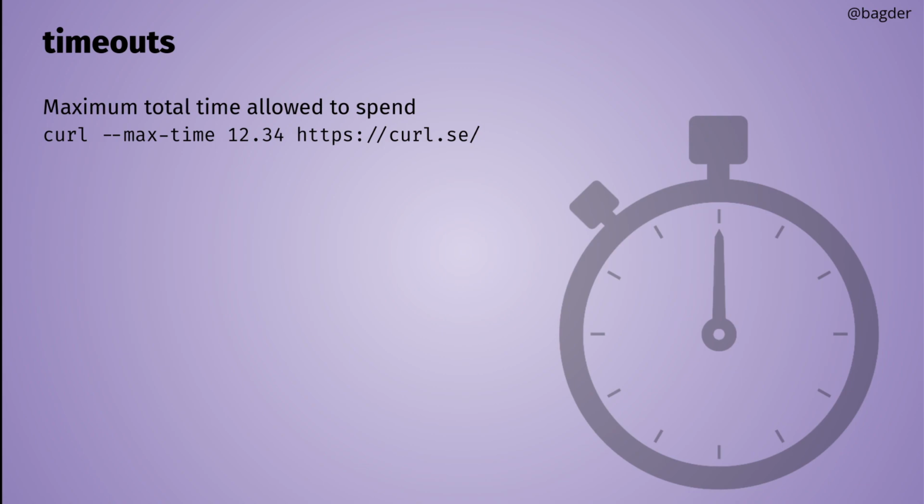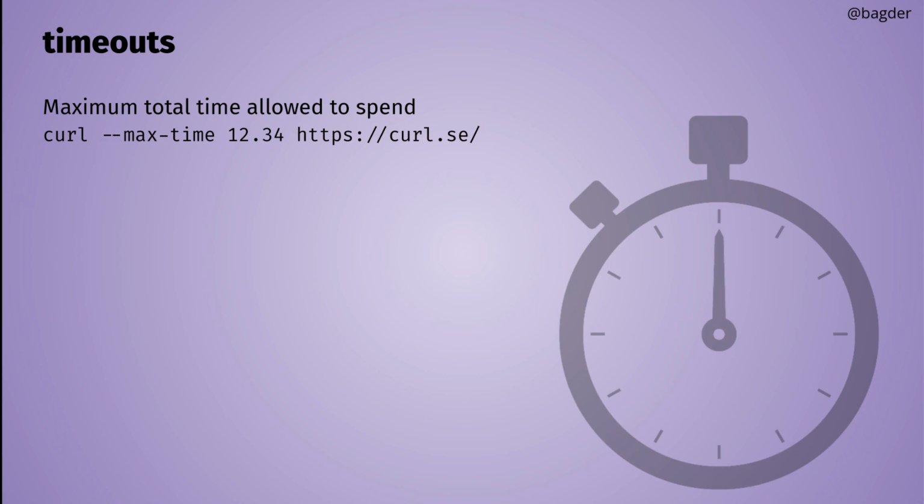My transfer, from the moment I start it until it's done, is not allowed to take longer than this amount of time. In this case, 12.34 seconds. This is a number of seconds, so it limits the entire operation. It should be done within this, or it will be stopped and an error will be returned.